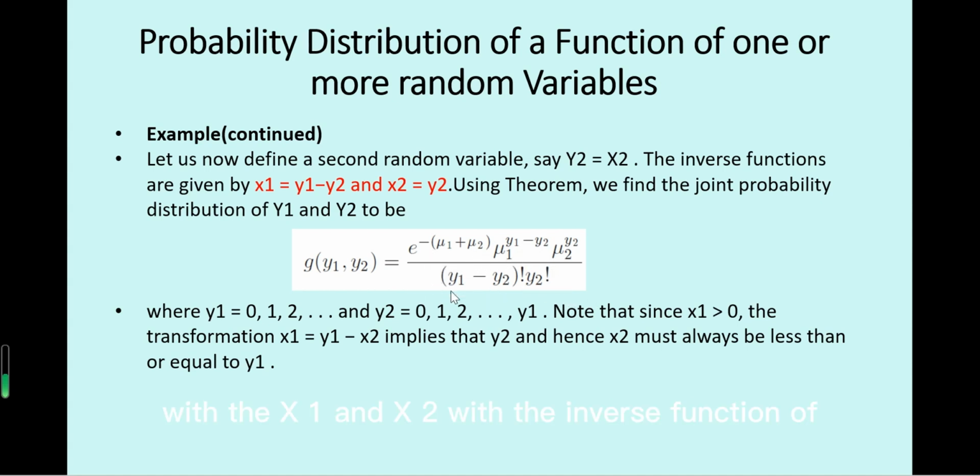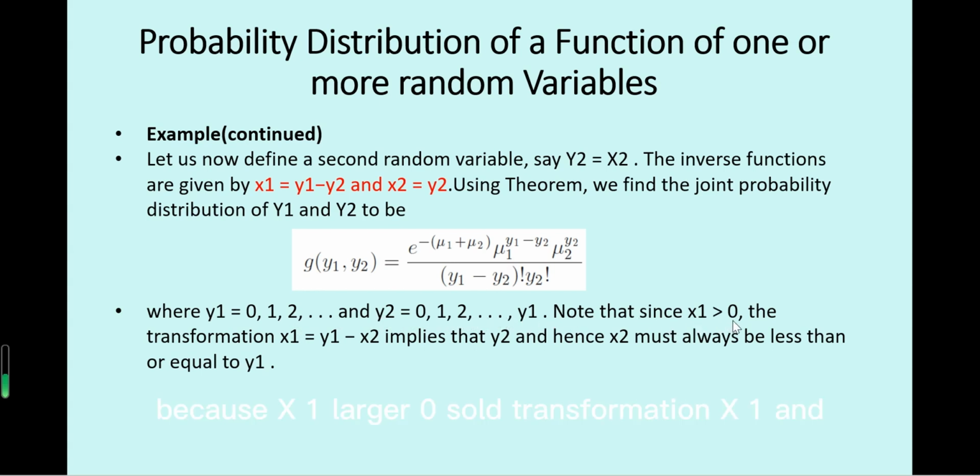So this is the joint probability distribution for y1 and y2. And the available values of y1 can be 0, 1, 2, 3, 4, and so on for all positive integers. But for y2 it is 0, 1, 2, 3, 4 until y1.